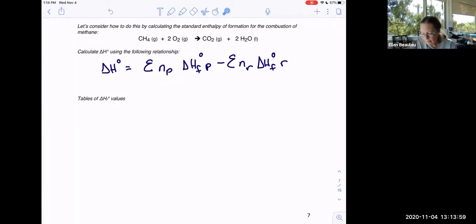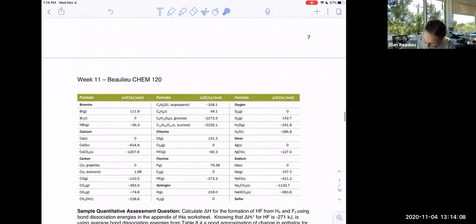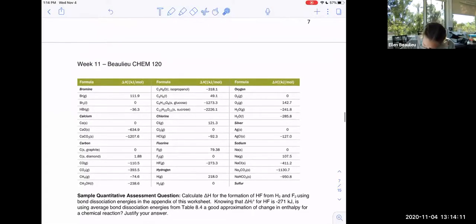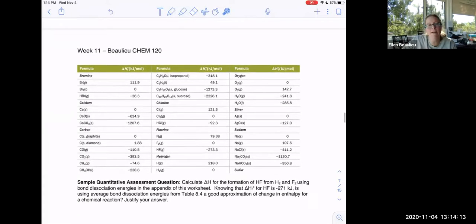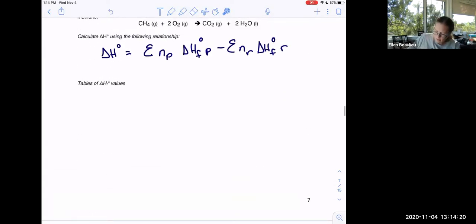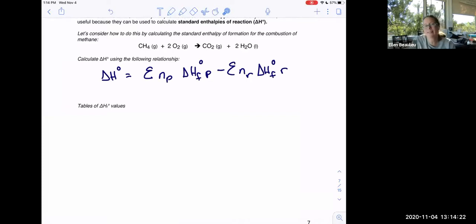Let's calculate a delta H using delta HFs from the back of the book. I would love it if you could link to those tables, but I think all of the compounds that we need are in your lecture notes. So I want to treat this like a Hess's law problem. I know I want that as a product.